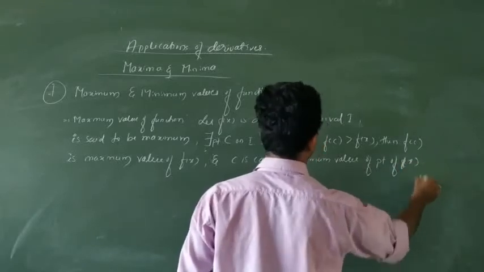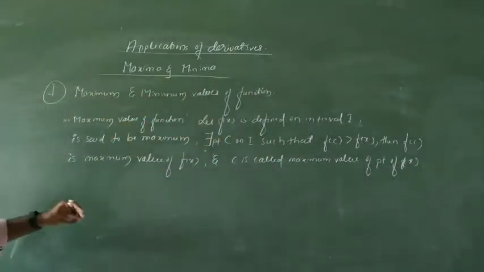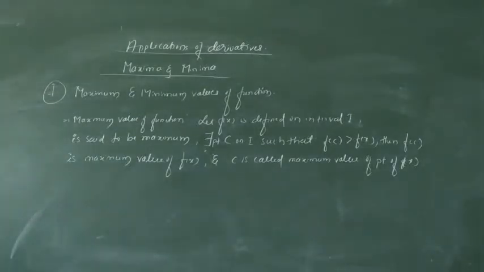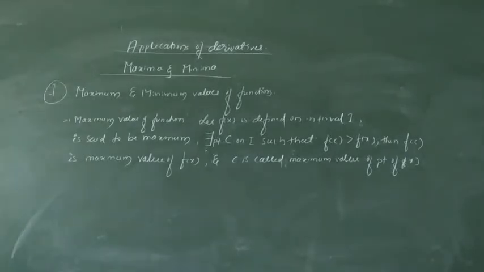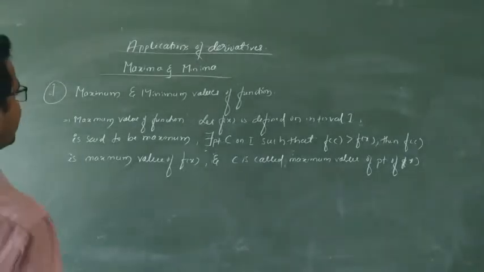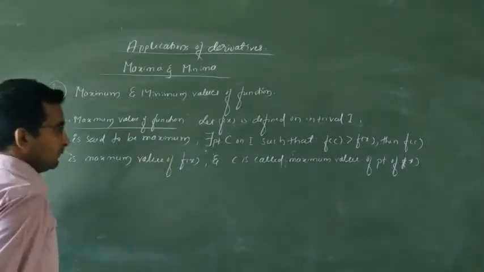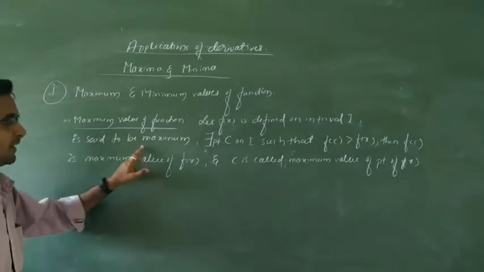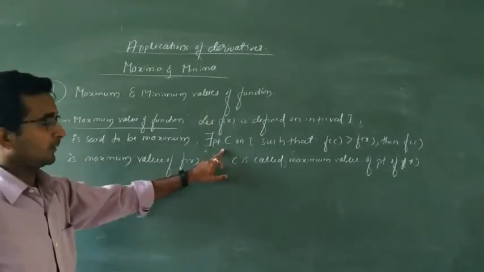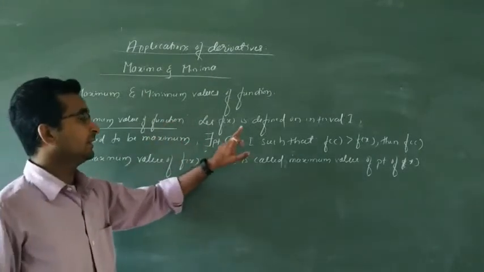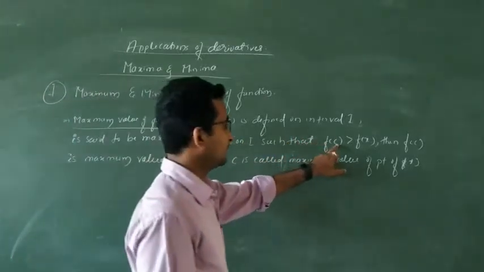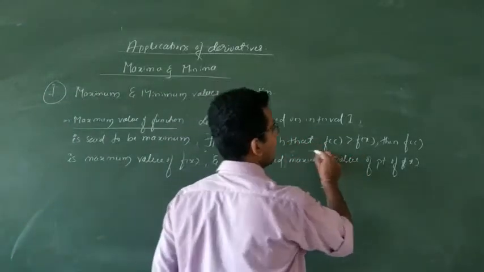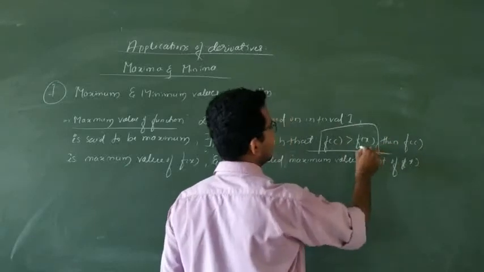Again I am going to explain this one. What is meant by the maximum value of a function? A function defined on interval I is said to have a maximum if there exists a point C on I such that f of c is greater than f of x.